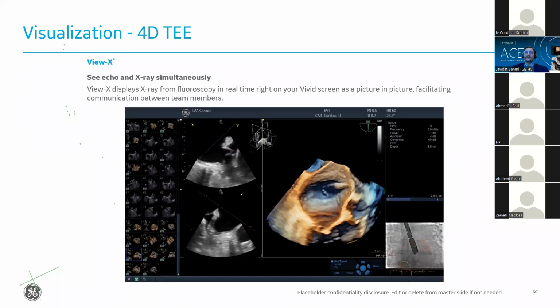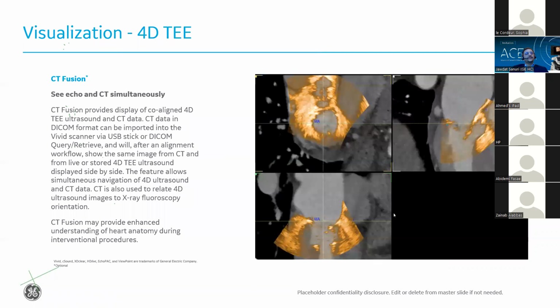Here we are able to slave or derive the cath image on the echo machine, so we're able to see it. Of course, traditionally we are always able to see the echo image on the cath screen, the large cath pendant screen, but now we can see also the cath image on the echo machine.